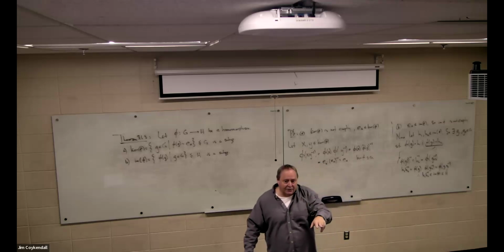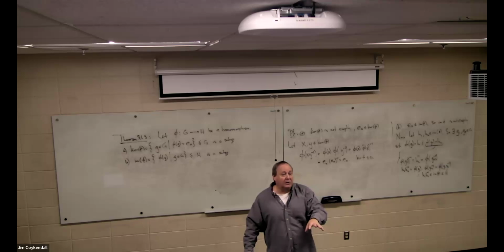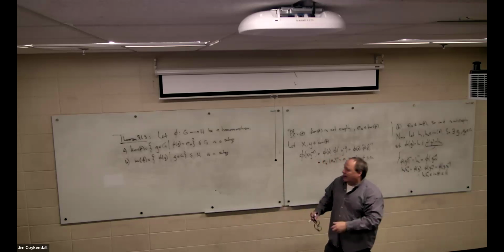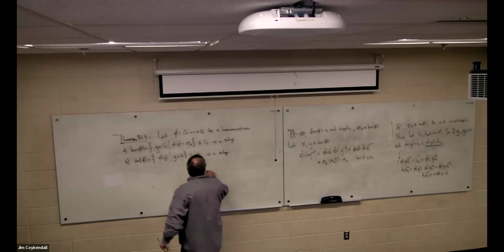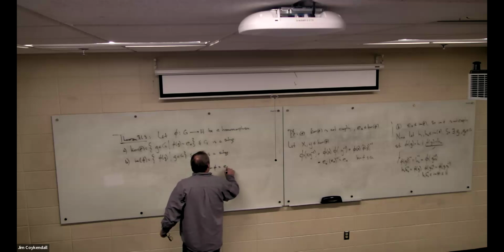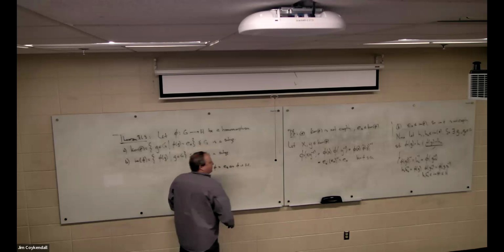The identity of G. Do you remember that about linear transformations? It's 1-to-1 if and only if the null space was only the zero vector. It's the same thing here. So see if you can prove that the kernel of phi equals the identity of G if and only if phi is 1-to-1.